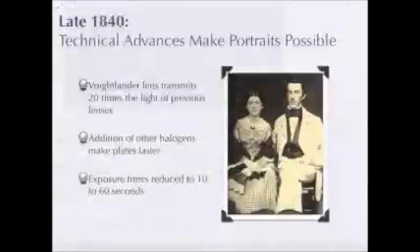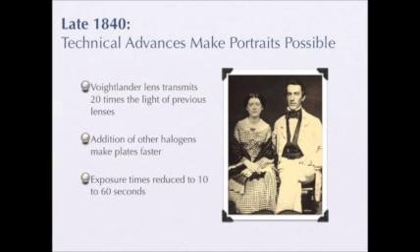So when we move forward a little bit into the late 1840s, we have some technological advances. One of those was a lens made by the company Petzval and Voigtländer, generally known as the Voigtländer lens, which transmitted about 20 times the amount of light that previous lens designs transmitted, meaning that exposure times could now be much, much shorter.